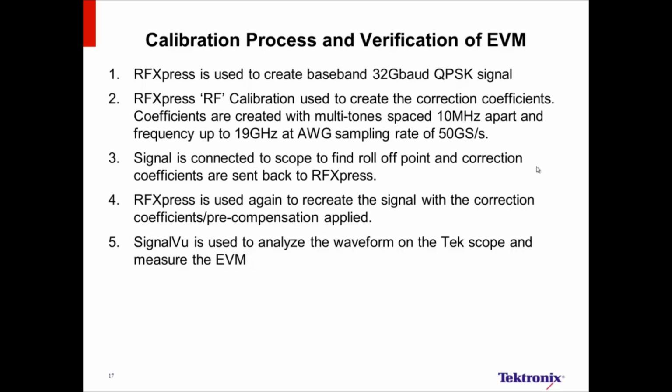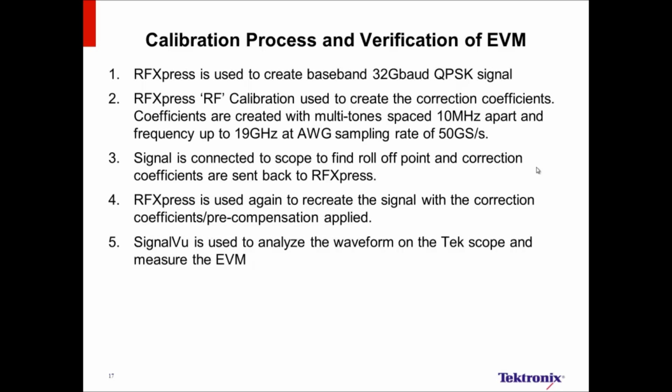So basically what we do in the RFXpress software is we create a multi-tone signal and then send that out to the oscilloscope. And we look at the oscilloscope, look at the roll-off, and then create the correction coefficients, and then we send those back to the RFXpress software, and then that coefficient can be used for any calibration or any compilations after that point.